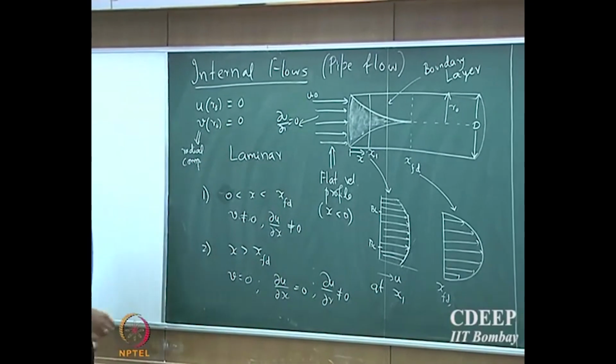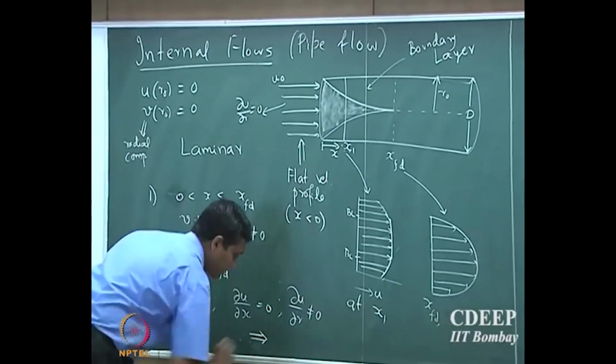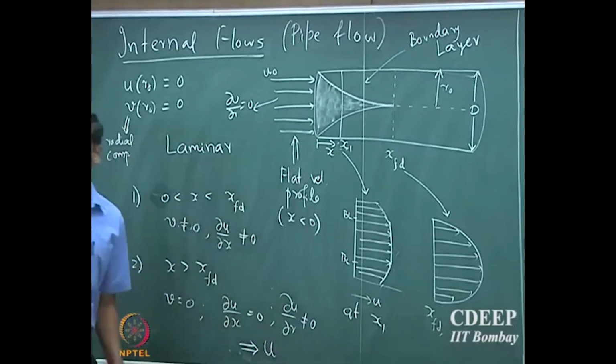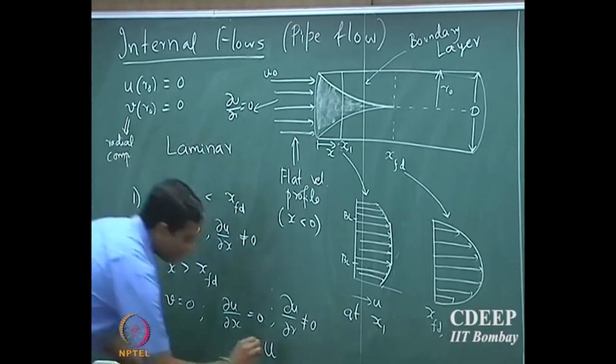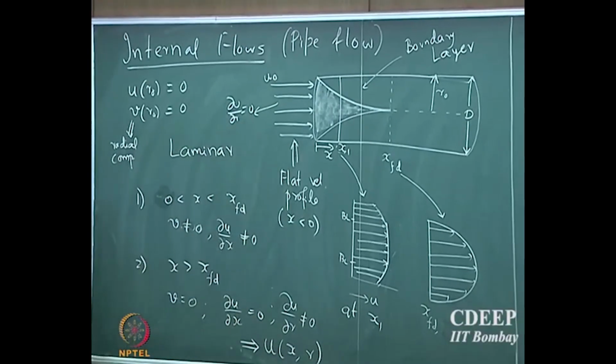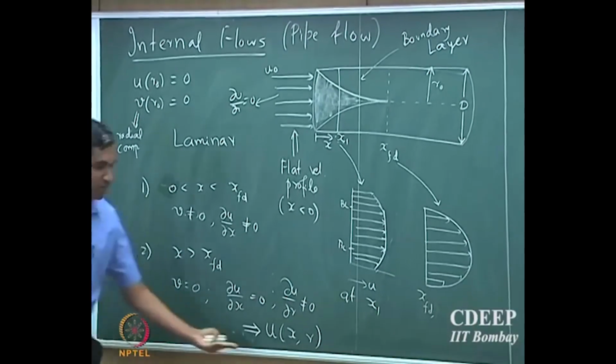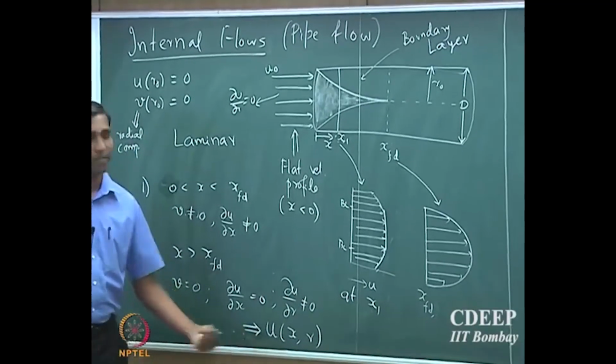So this immediately implies that the x component velocity is now a function of both x and r. That's an immediate implication. It's now going to be a function of both x and r.